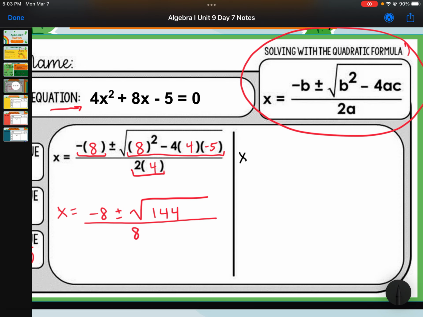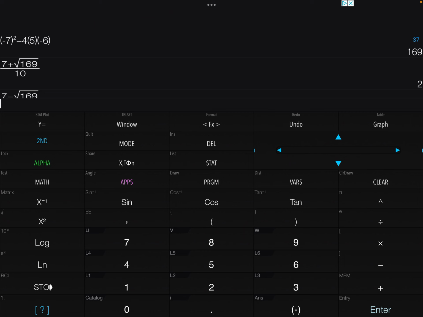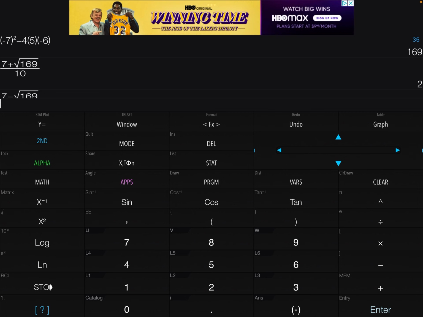So next I have negative 8 plus square root of 144 divided by 8. And I have negative 8 minus square root of 144 divided by 8. So I have negative 8 plus square root 144 over 8.